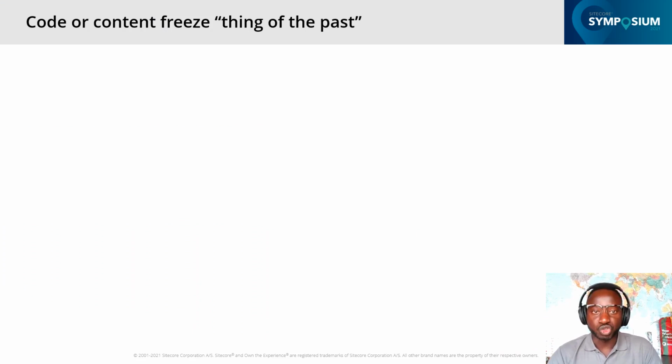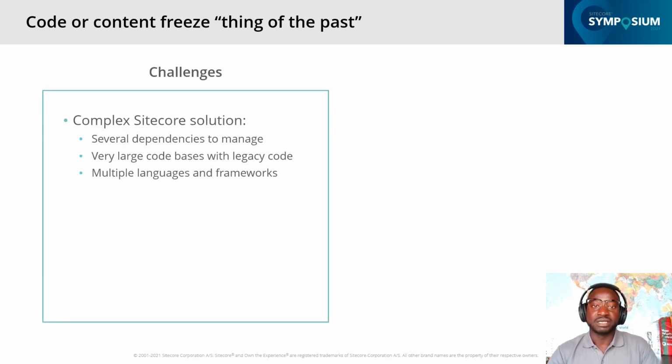I'll do a quick whistle-stop tour of some of the pain points facing most clients today, then hopefully share some tips on how to address them. First, a complex Sitecore solution means you have several dependencies to manage, very large code bases to manage, and multiple languages and frameworks to deal with.